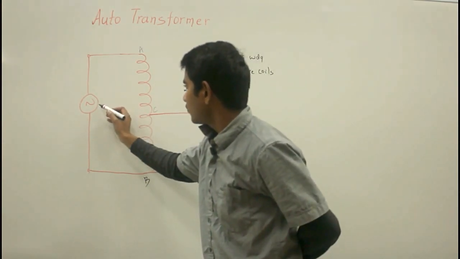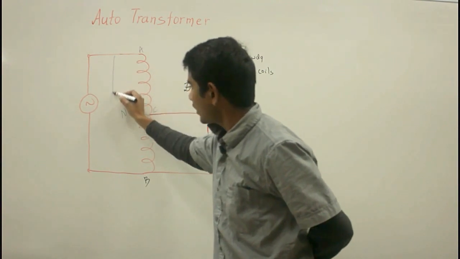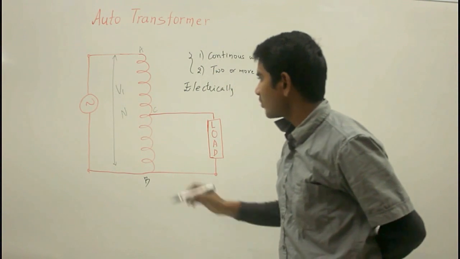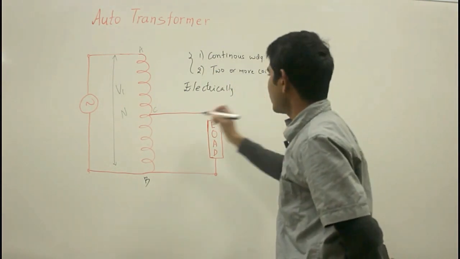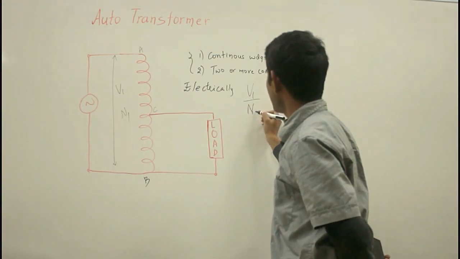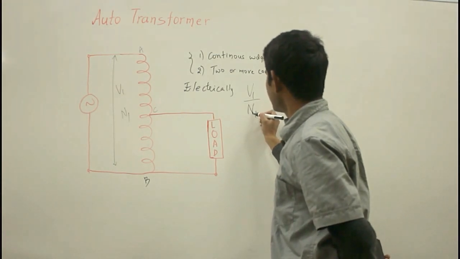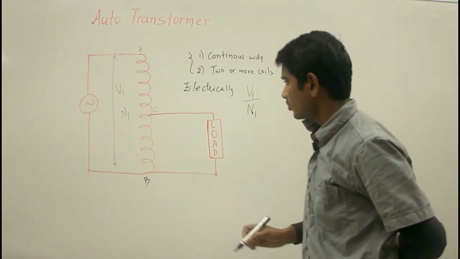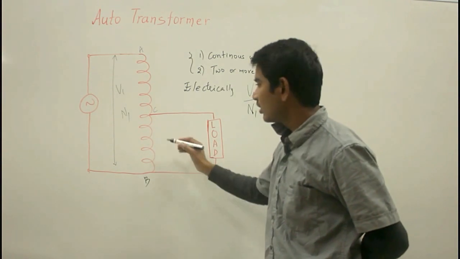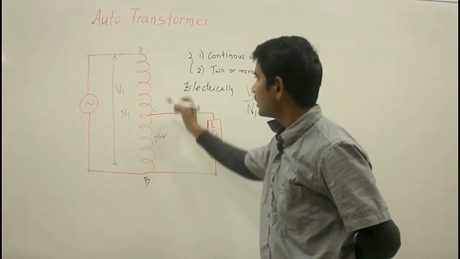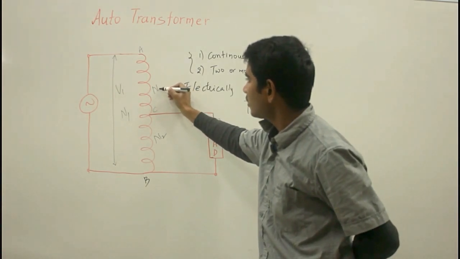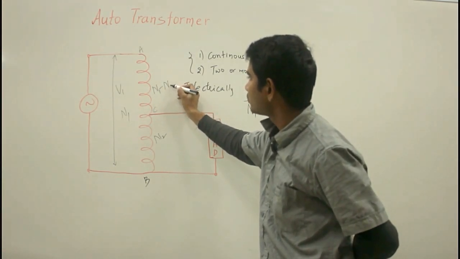Now let us say a voltage V1 is applied across the primary winding, with N1 turns, so my voltage per turn will be V1 upon N1. If I consider my secondary winding, the BC section, of N2 turns, then the turns in the section AC will be N1 minus N2.